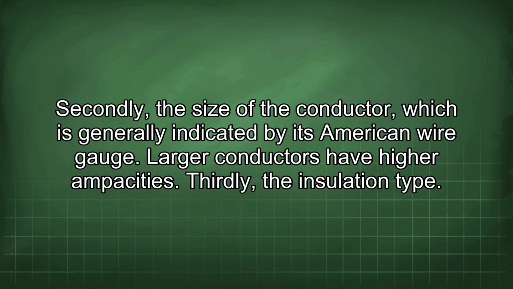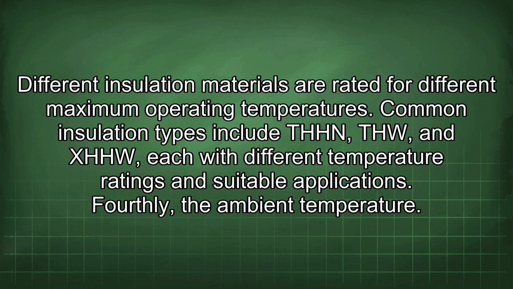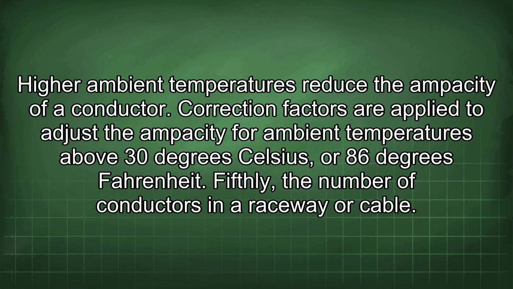Thirdly, the insulation type. Different insulation materials are rated for different maximum operating temperatures. Common insulation types include THHN, THW, and XHHW, each with different temperature ratings and suitable applications. Fourthly, the ambient temperature. Higher ambient temperatures reduce the ampacity of a conductor.